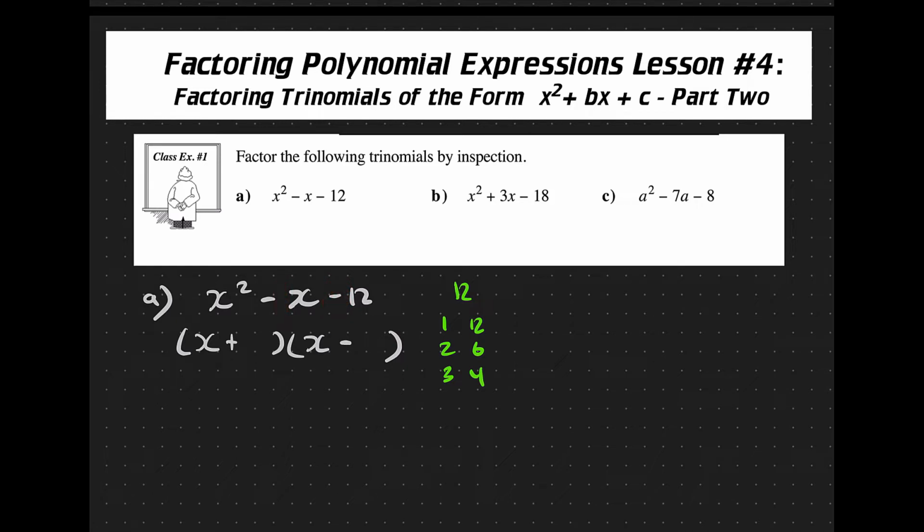So you can see that this one right here, 4 minus 3, is going to give me a 1. Now what you want to do is recognize that in front of the second term it's a negative sign, so that means the larger number is going to go with the negative. So in that case the 4 would go here and the 3 would go right here. Okay, so it's 4 and 3.